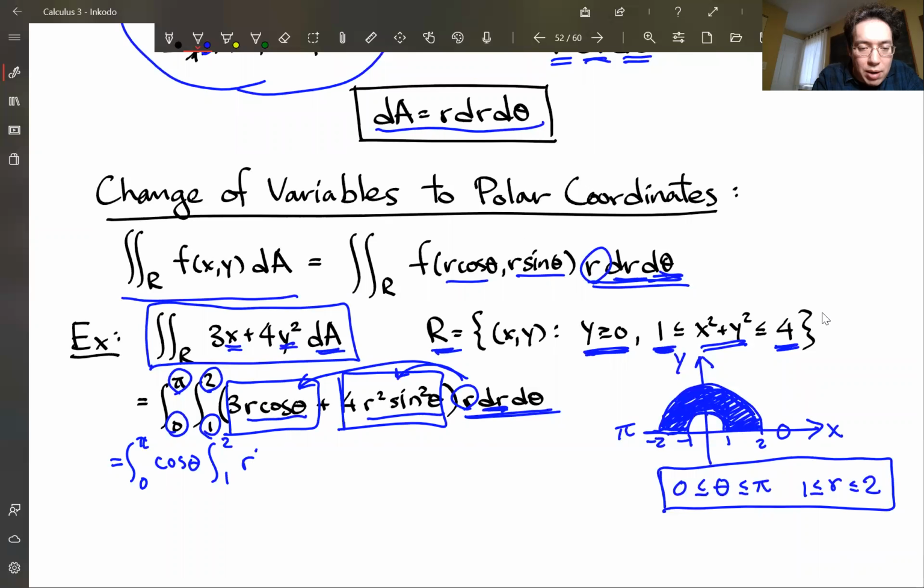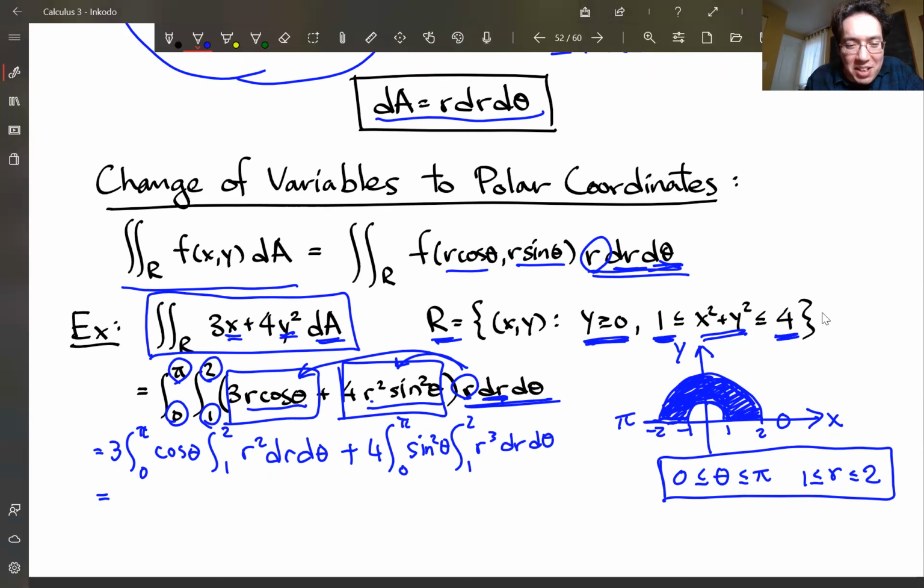So we're going to have r squared, and 3 is a constant that I can pull in front of both integrals. For the second integral, I can pull the 4 all the way out. I can take out sine squared, with the angle changing from 0 to pi, and what's left is r cubed.